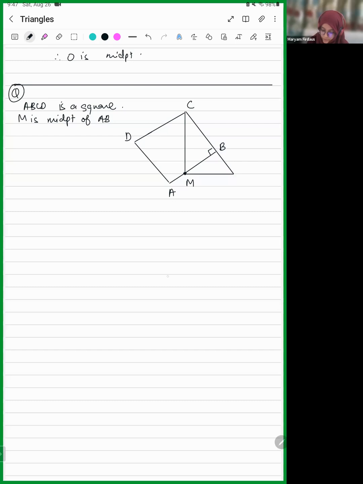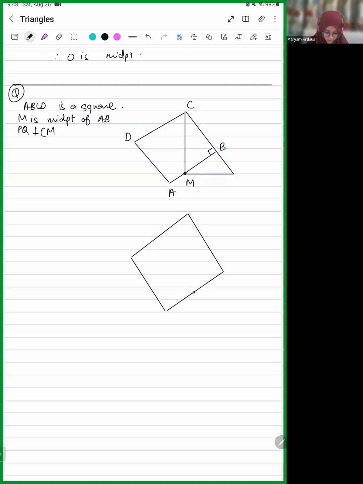I think I'll have to draw this again. We have square ABCD. M is the midpoint. Then there's a perpendicular, PQ perpendicular to CM.